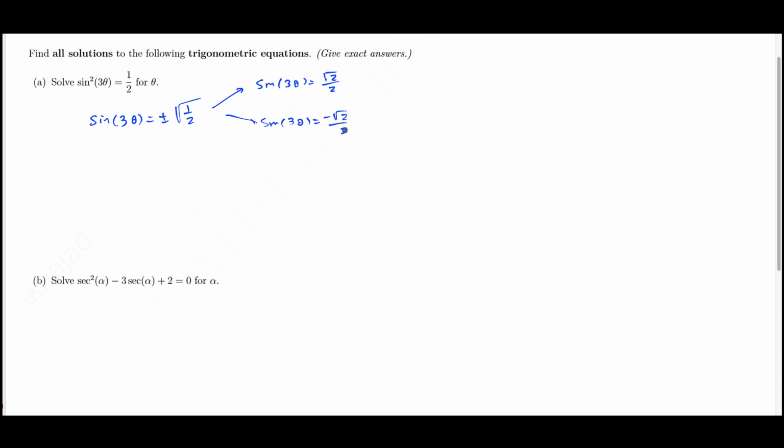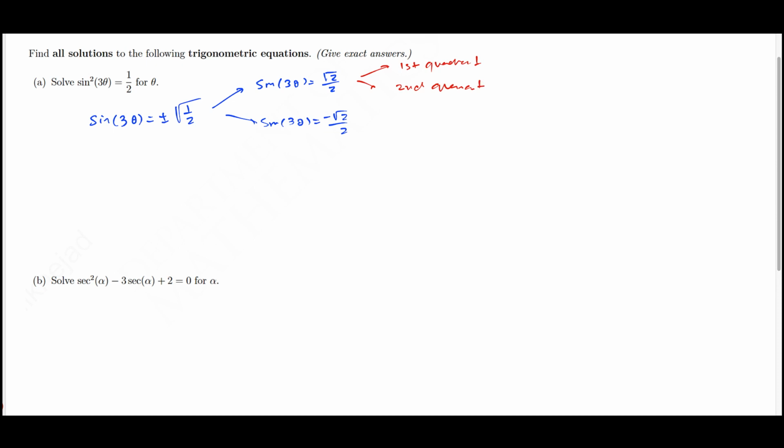Now, what angles have a sine value of square root of 2 over 2? That could be in the first quadrant, and sine is also positive in the second quadrant.